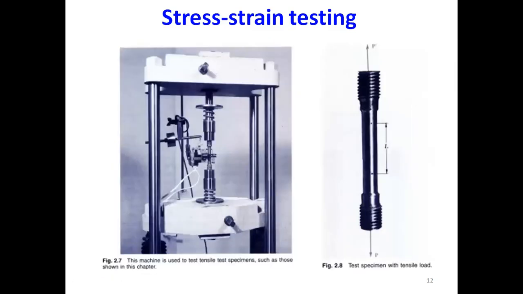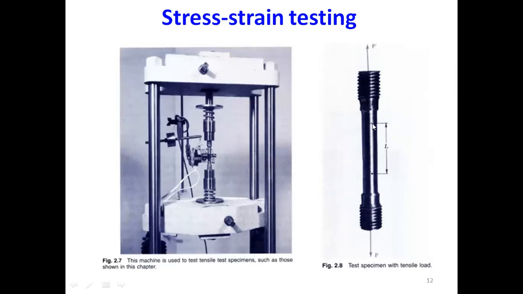Here you can see the close-up view of the chucks of the universal testing machine, and the specimen in between the chucks. This is the close-up view of the test specimen. Here you can see the threads, so we can screw the test specimen into the chuck.